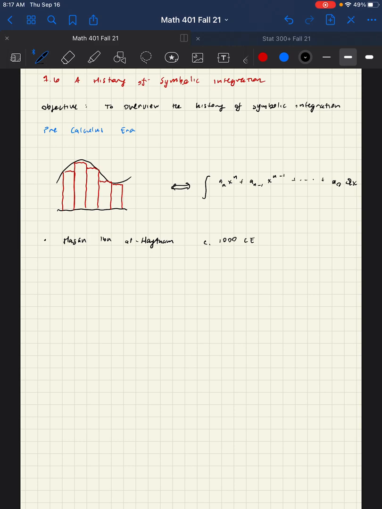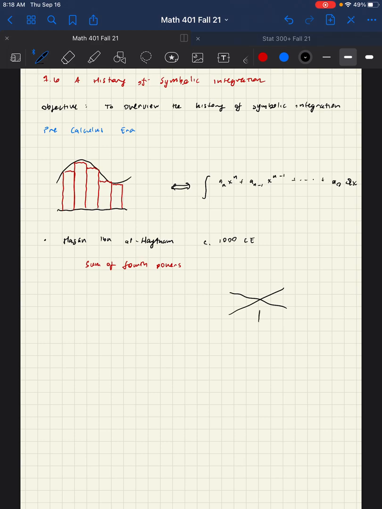mostly because the government overseeing that caliphate was really invested in funding advancements in astronomy. So what this person was able to accomplish was something called the sum of fourth powers formula, which is directly applicable to finding the volume of a paraboloid.